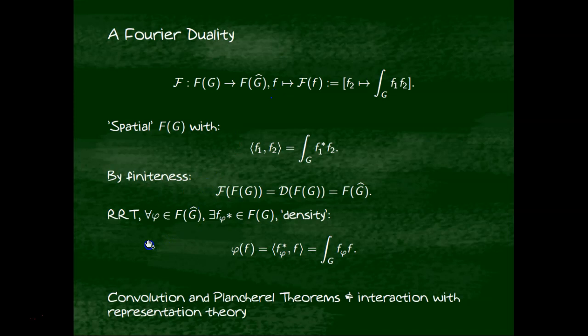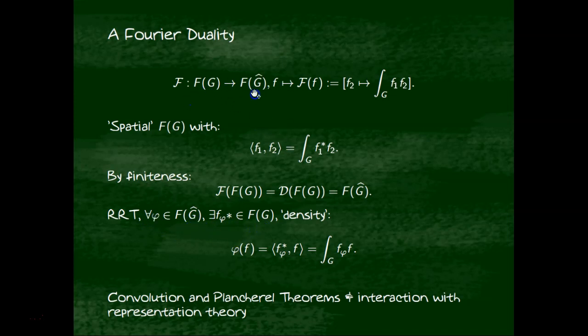So for all functions on the dual group, there is a function on the group itself which implements it by multiplying and integrating. All these things have densities. So there's a correspondence between these two.